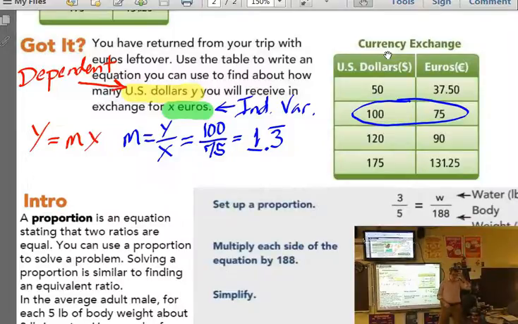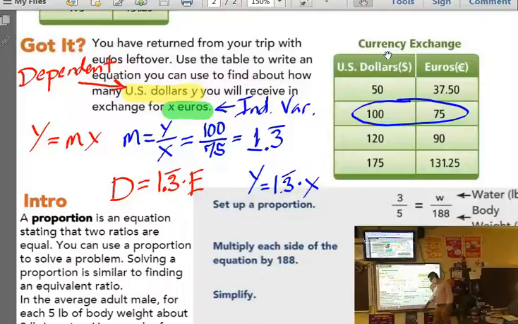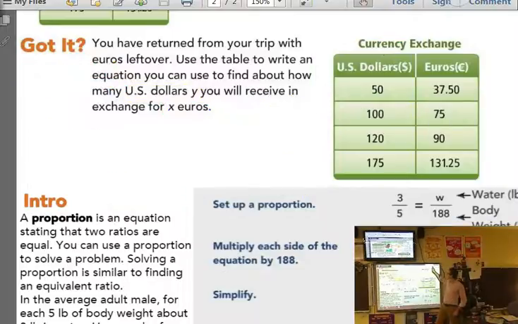So when you're coming back, we could say the amount of dollars that you will receive will be 1.3 repeating times the amount of euros that you trade in. Or we could still just say y equals 1.3 repeating times x. Either of those are the exact same formula. That would suck though, because you would never know how much things cost.